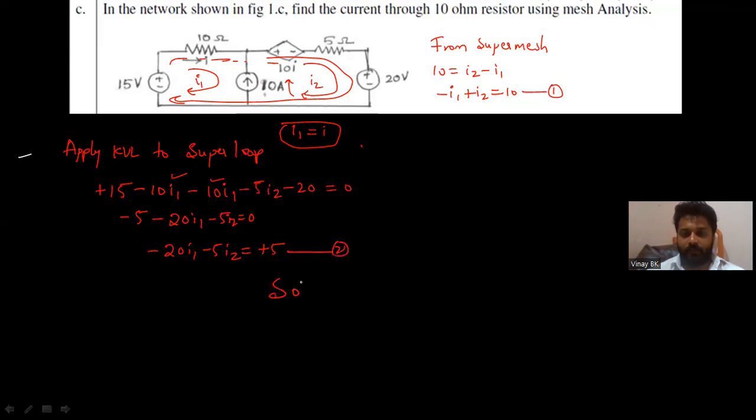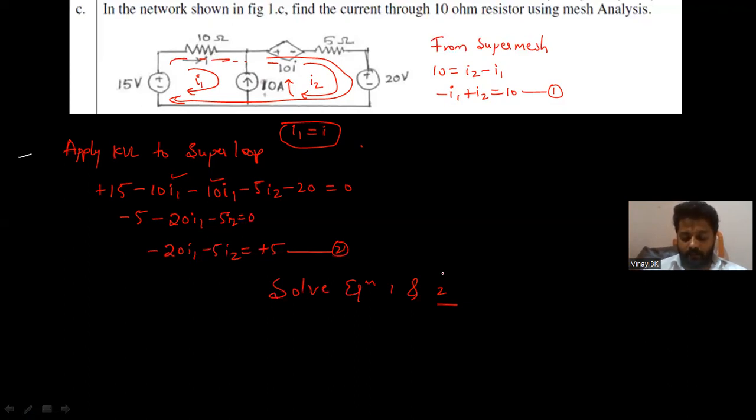Now solve equations 1 and 2 with the help of a calculator. So give me a time. In the calculator, you have to keep your calculator in equation mode, two unknowns. So minus 1, 1, 10. Similarly, minus 20, minus 5, 5.